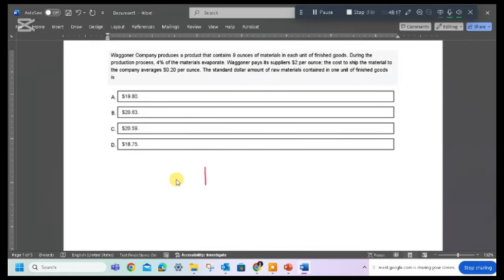See, they do some production process. When the output comes, each unit has 9 ounces of material in each unit of finished good. During the production process, 4% of materials evaporate. That means if you have given 100% input, 4% is evaporated. Only 96% comes with the output.